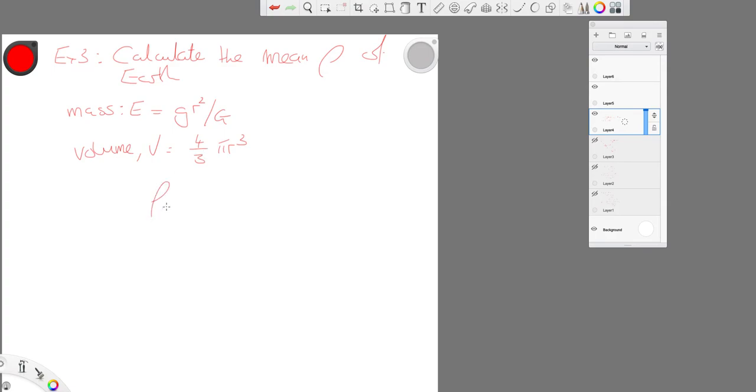And of course density is mass over volume. So we've got the mass, g r squared over G, divided by the volume. So that's times 3 over 4 pi r cubed.